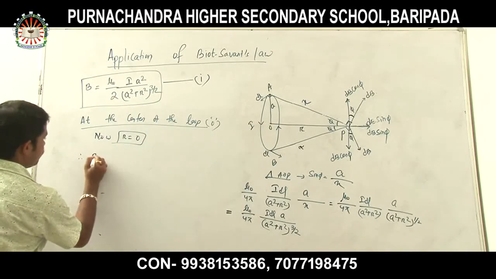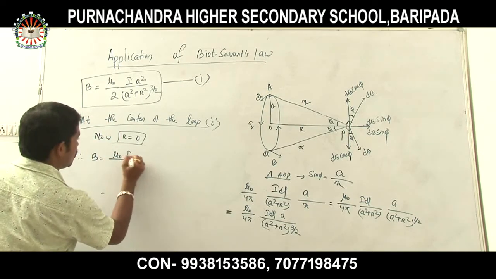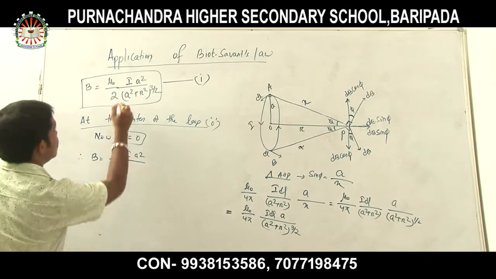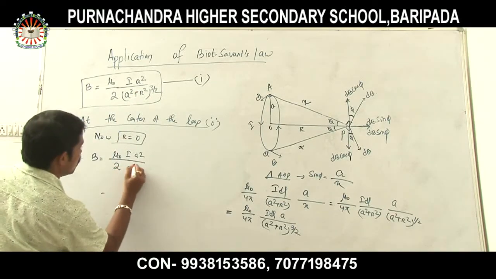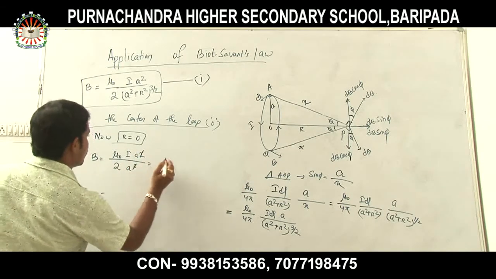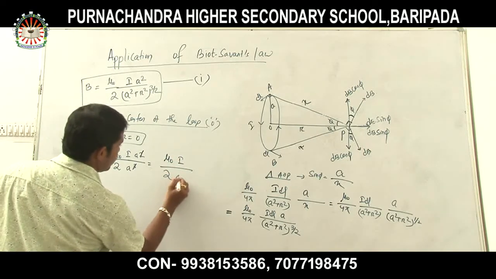So now the magnetic field B is equal to mu 0 I a square, this r value becomes 0, so this is 2 a cube. This cancels out. So what is left? Now mu 0 I divided by 2a.